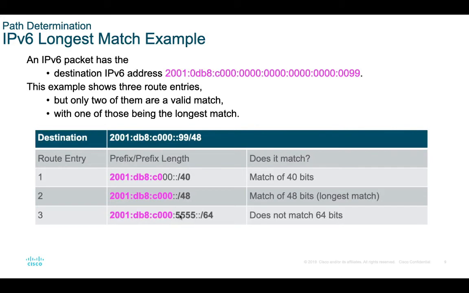Did we match with this ID? We only matched the first 48 bits and we do not match the rest. So we cannot say this network is the best path because we do not have a match. So our best path is actually between route number 1 and route number 2, but the longest match is presented in route number 2. So that's how we select the longest match in IPv6.